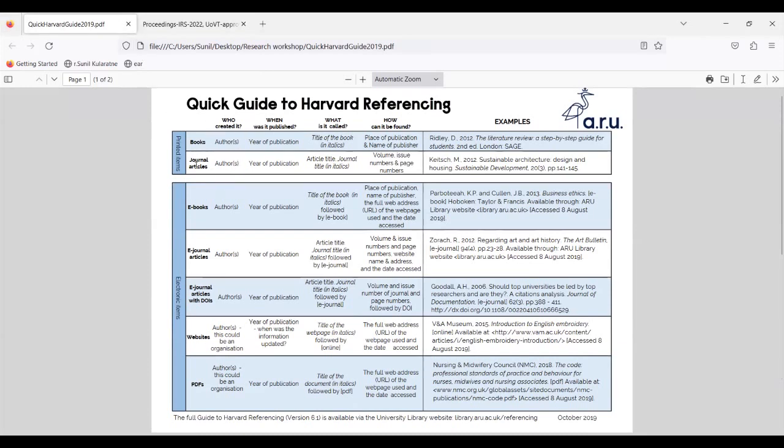They follow this order. If it is a book: who created it, when it was published, what it is called, the title, how it can be found. Look at the example: who created it, author's name, comma, then initial, comma, then when it was published, year of publication, then title of the book, how it can be found, right?